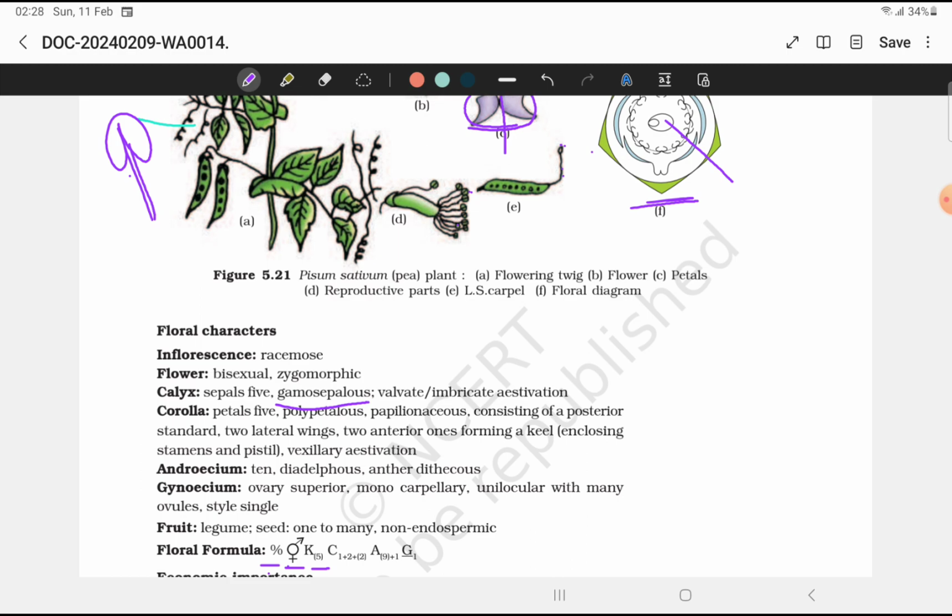Corolla 1 plus 2 plus 2: 1 is the standard petal, 2 are the lateral wing petals, and 2 keel petals which are united, placed within the bracket. Androecium 9 in one bundle, that is 9 within the bracket, and 1 is separate. Gynoecium unilocular, that is 1. Gynoecium superior ovary, so the line is at the base, and only 1 is present here.